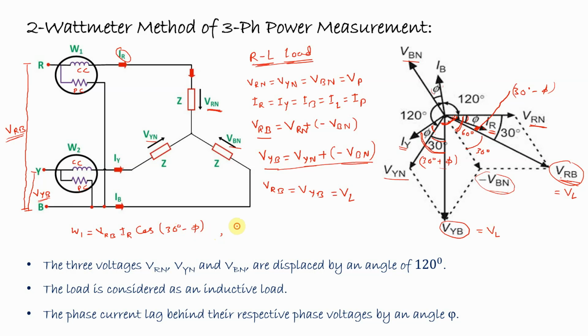Similarly, the reading of the second wattmeter will be the voltage across the pressure coil, that is VYB, the current flowing through the current coil, that is IY, and the angle between the voltage and current, that is 30 degrees plus phi. So the readings of the two wattmeters will be represented by this relation.